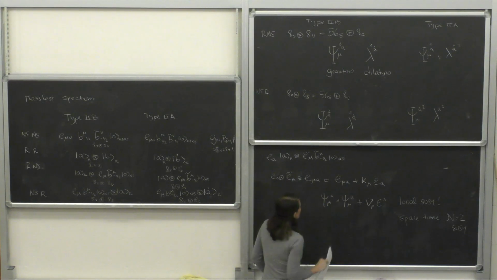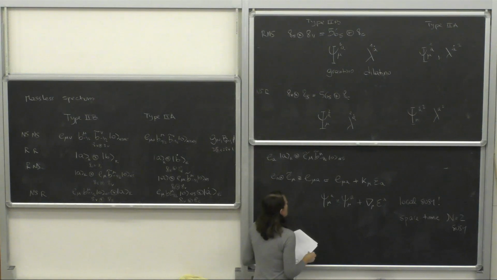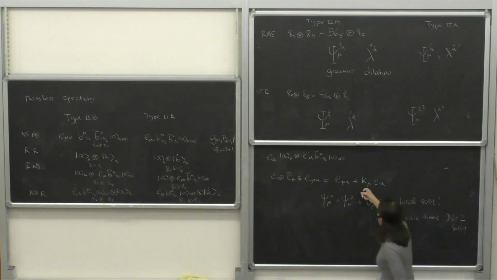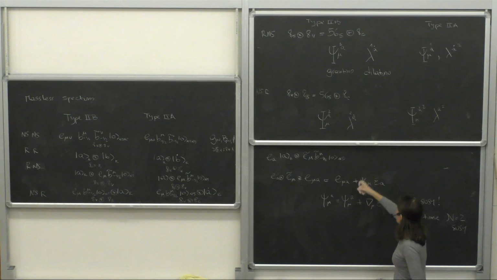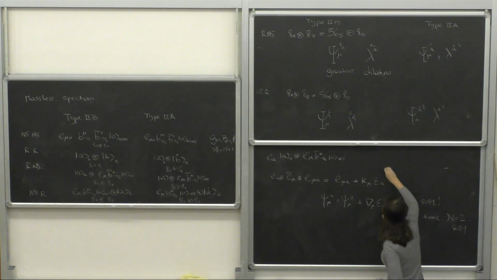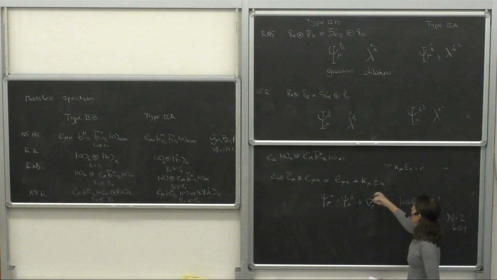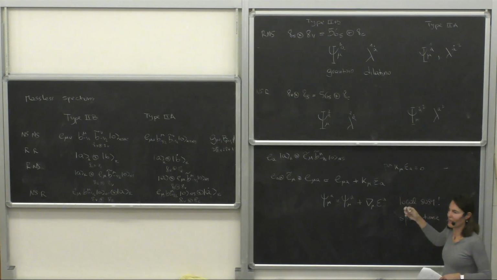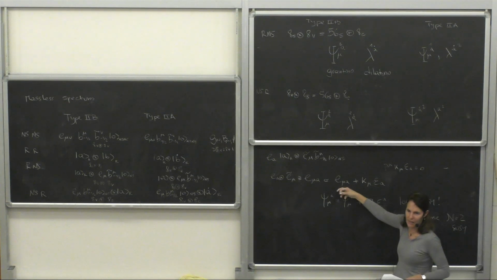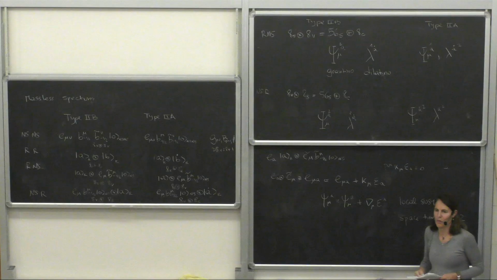So if you multiply by some gamma mu, the condition should be that gamma mu k mu epsilon a is equal to 0. And so this is traceless in that sense, and this is trace. That's the thing that corresponds to the gravitino.